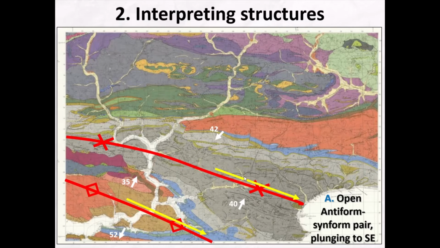Whereas the next fold, as we go further up, that's cored by this Carboniferous coal measure material, those dips are converging, so that indicates that we've got a synform, but those outcrops are opening as we head to the southeast, so that too is the direction of plunge. So that's how I might interpret the geometry of some of these folded structures.